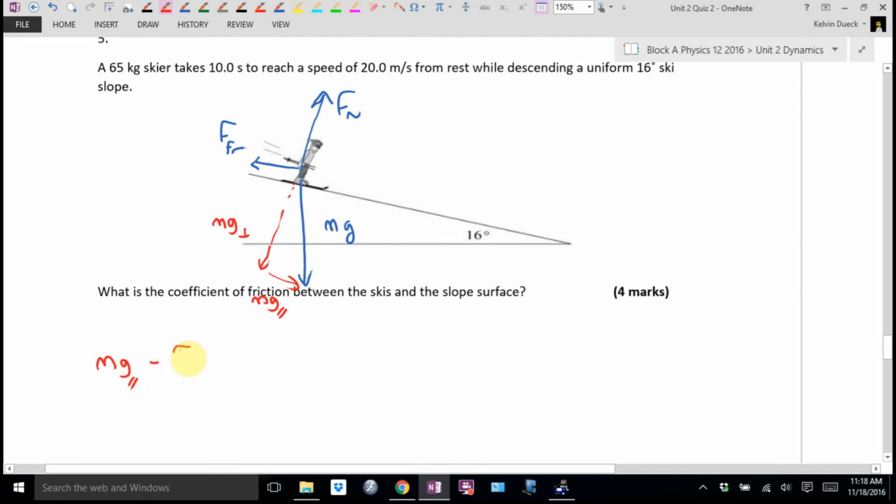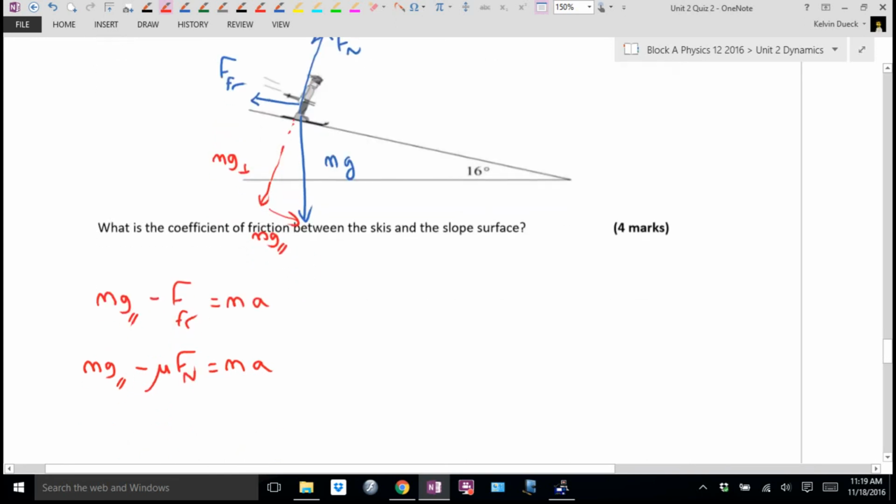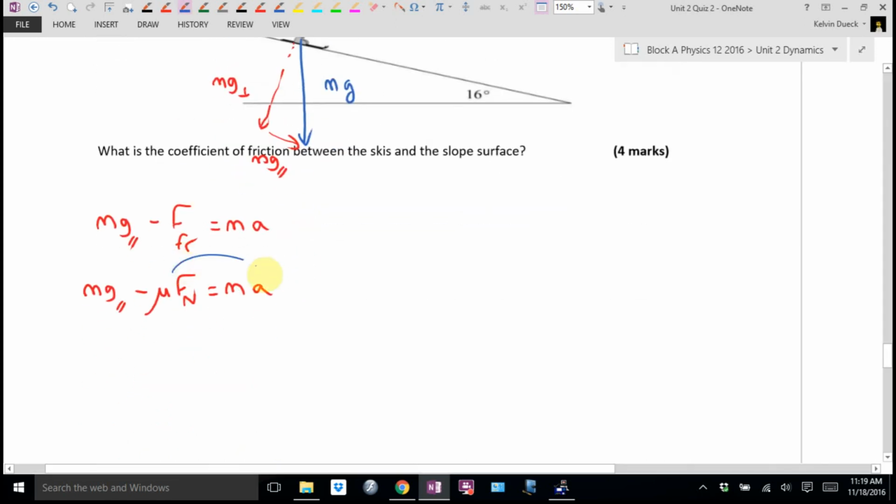Who's losing? Friction. That equals ma. mg parallel minus mu times the normal force equals ma. I know I want to get mu by itself, so I'm going to plus this to that side and minus that to that side. That's going to give me mg parallel minus ma equals mu times the normal force. Divide by the normal force to get mu by itself.